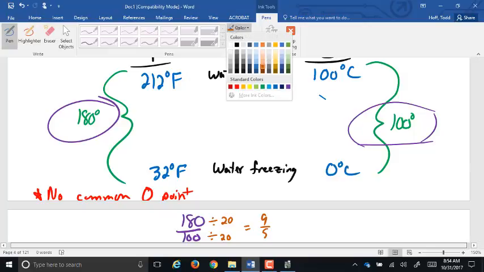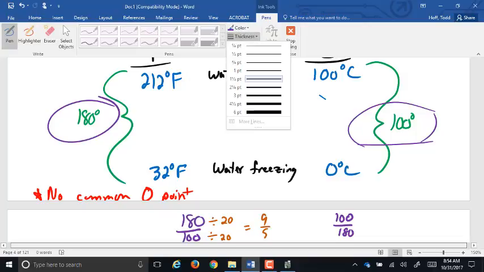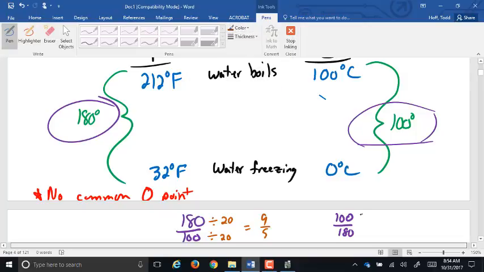Or if I did the ratio the other way, it is 100 over 180. Well, they can still both be reduced by 20, which gives me 5:9. So the ratio between a degree Fahrenheit and a degree Celsius is either 9:5 or 5:9, depending on which direction you're going.